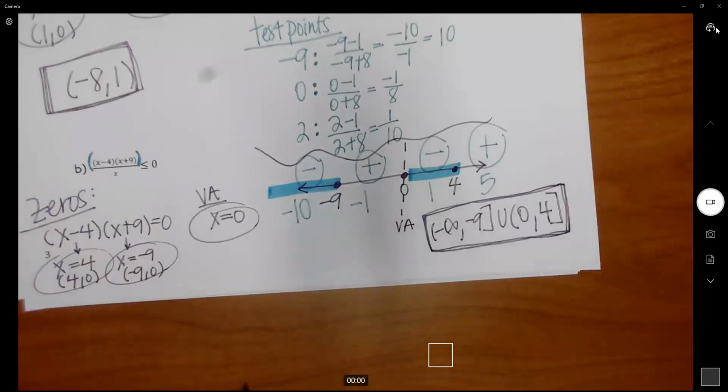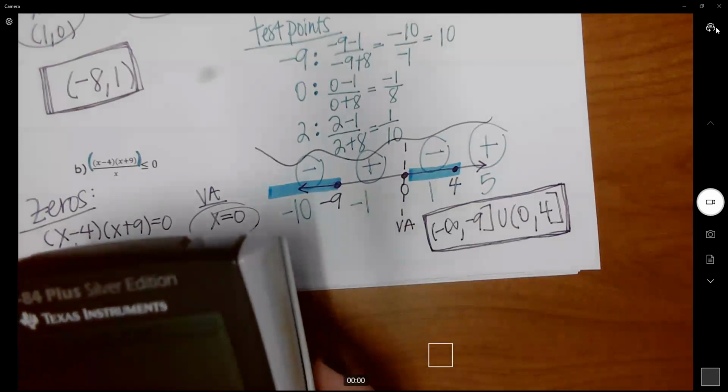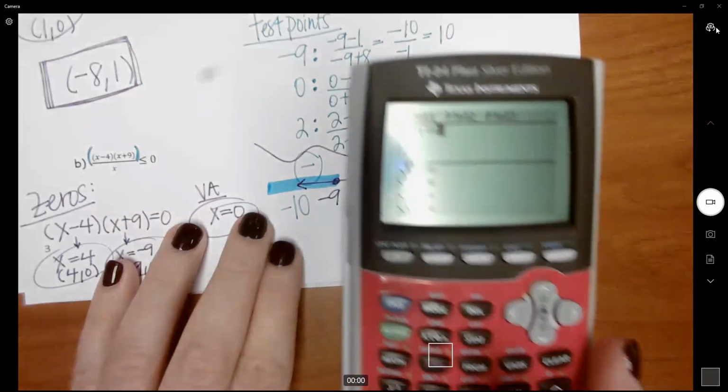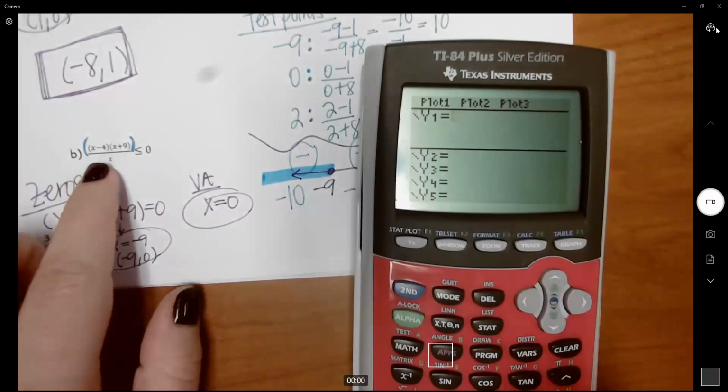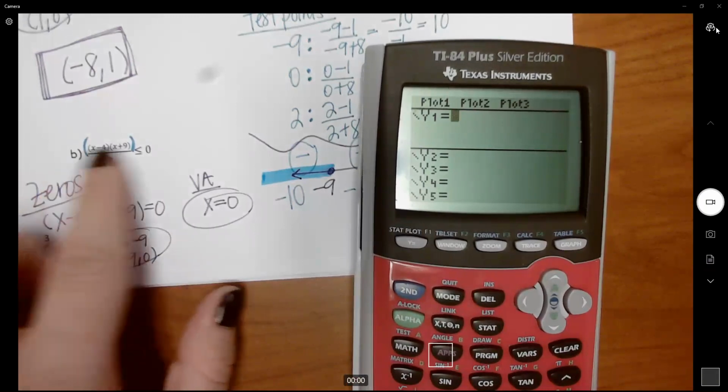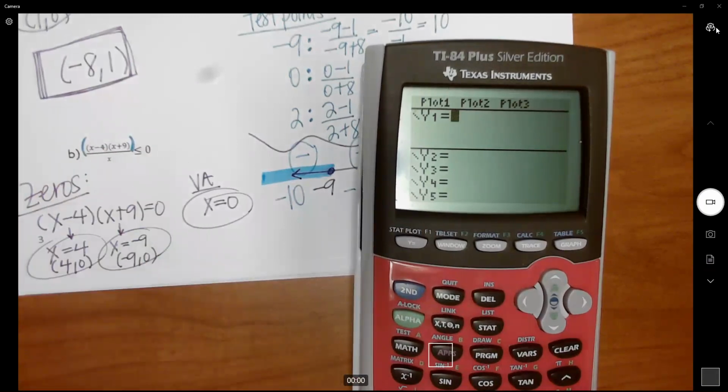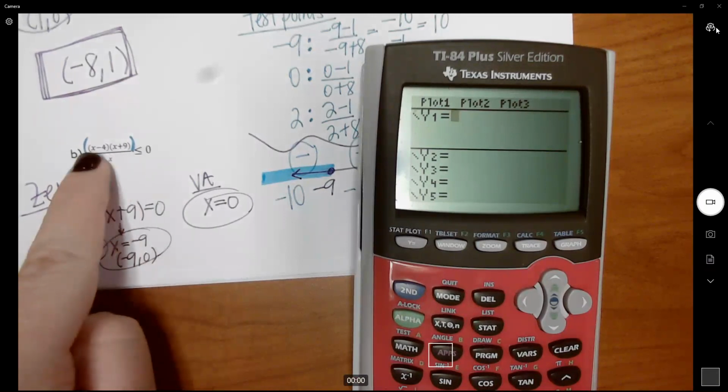Now, I don't think this is that bad, but you can also, just like before in the first video, put this into your calculator. When you put it in, you've got to put it in with parentheses, the ones that we added. You've got to signal to your calculator that this is all in the top.